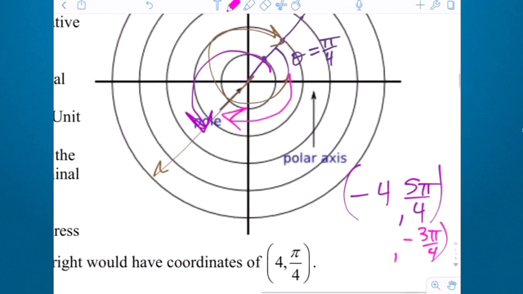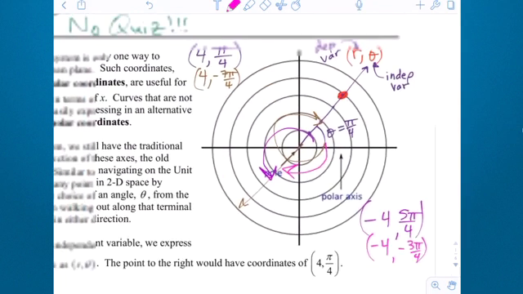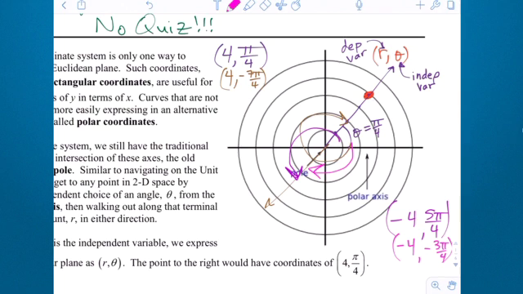And, of course, because I'm facing away from the point I want to get to, I need to march in reverse. So there are always going to be 4 solutions within one rotation, positive and negative. One with a negative radius, one with a positive radius. And, of course, if you take the coterminal angles to each of these 4 angles, there are infinitely many solutions. Okay?